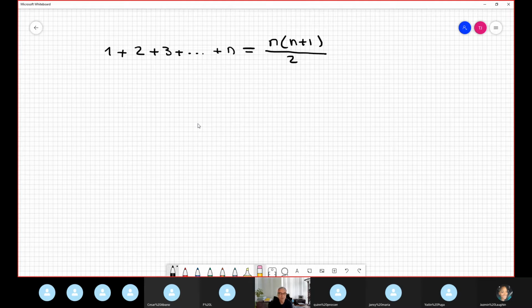Okay, remember the steps. You prove that S1 is true. The left hand side is just 1. And the right hand side is 1 times (1 plus 1) divided by 2. 1 plus 1 is 2, divided by 2 is 1, times 1 is 1. It's true.